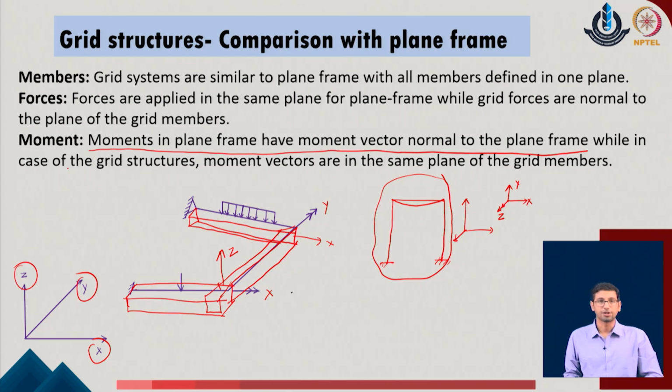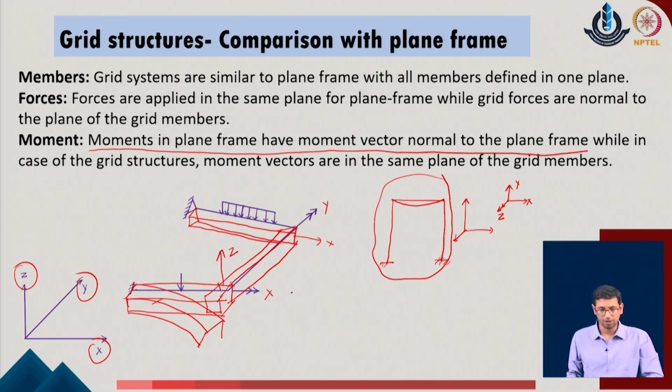Whereas, in the grid system, as you are considering your systems to bend also, because of the vertical loads which are active in the direction normal to the plane of the grid, the members will bend also. So, how will the bending take place? Like this member, if I talk about, this member will bend like this, in this manner. Right.